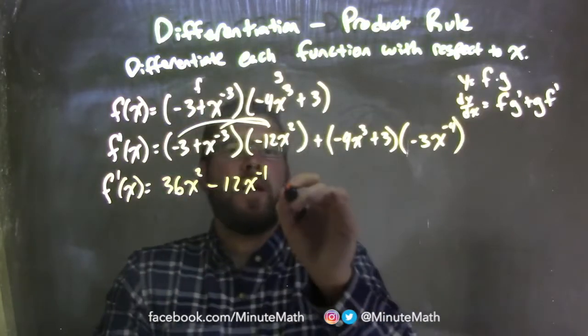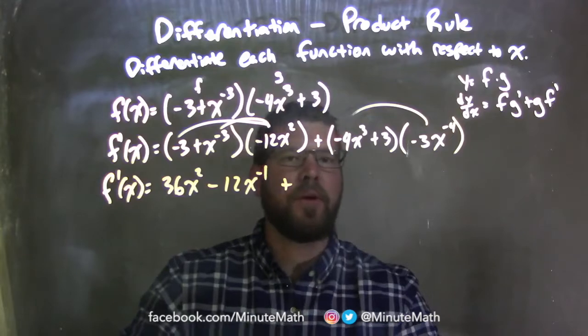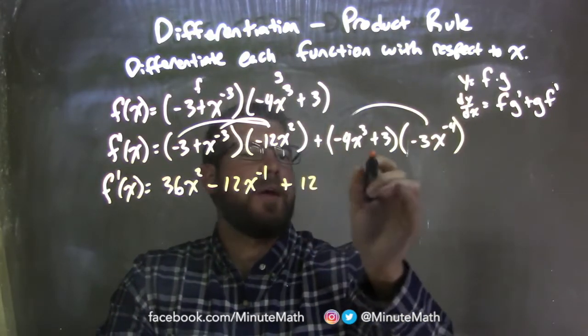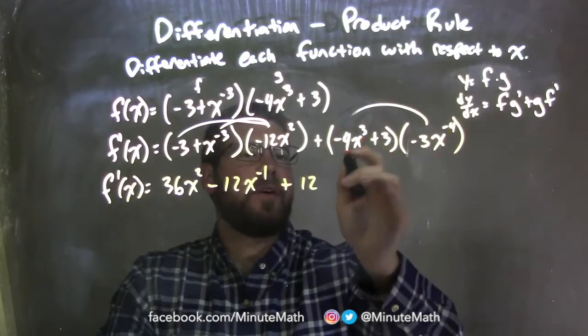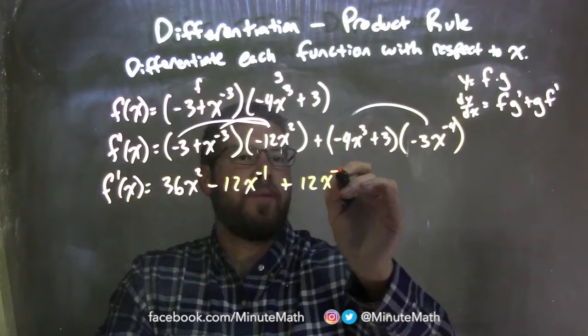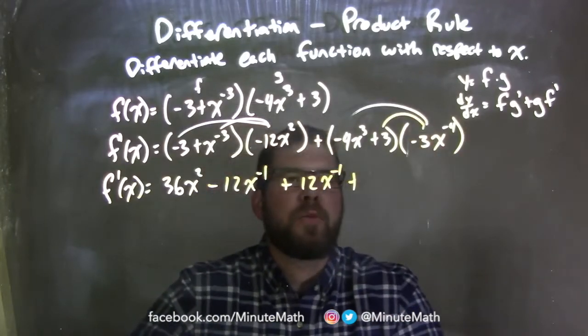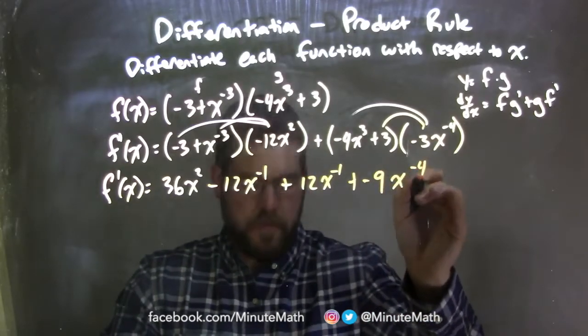Okay. Plus, distribute the negative 3 across, negative 3x to the negative 4. So we have negative 3 times negative 4 is a positive 12. And then x to the negative 4th times x to the positive 3rd gives me x to the negative 1. Plus, distribute the negative 3 across again. Negative 3 times 3 is negative 9. And that's x to the negative 4th power.